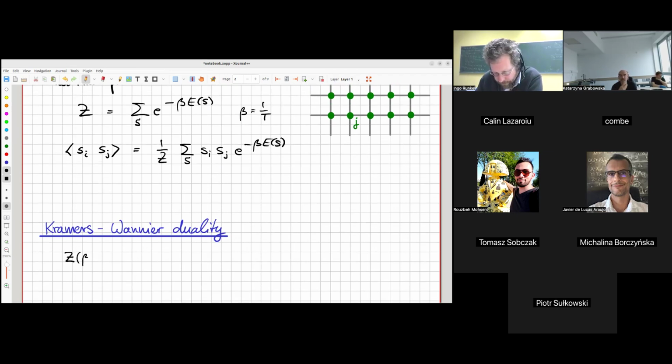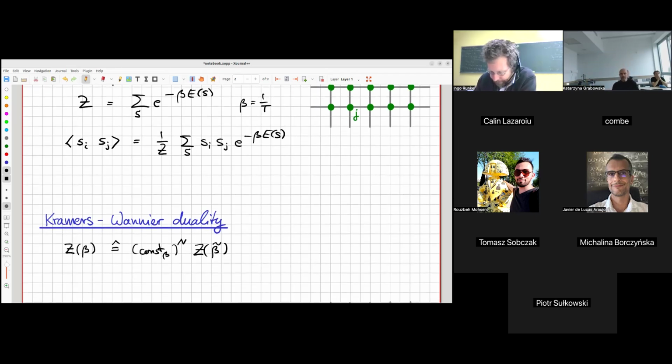It says that the partition function at inverse temperature beta is equal, well, not quite equal, I'll say why not quite in a bit, to some constant which depends on beta, raised to the power of the number of sites, so that's a constant which happens at each site, times the partition function now evaluated at a dual inverse temperature, beta tilde.